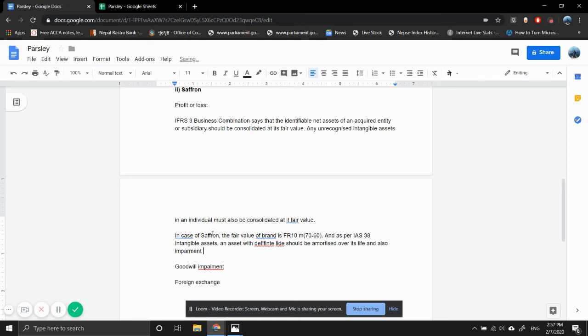Impairment review needs to be conducted every year.